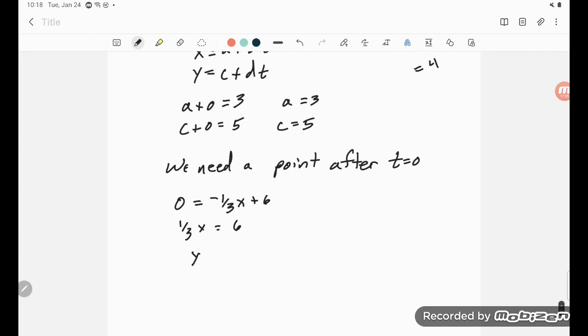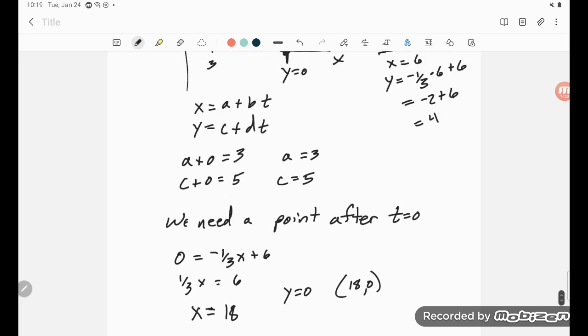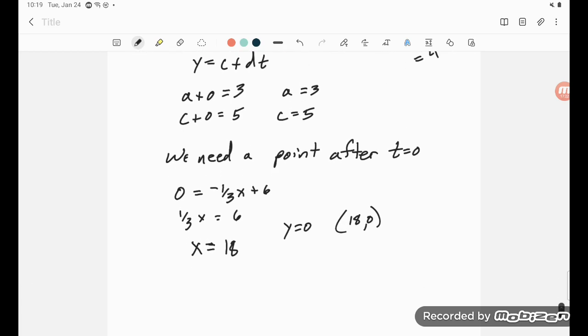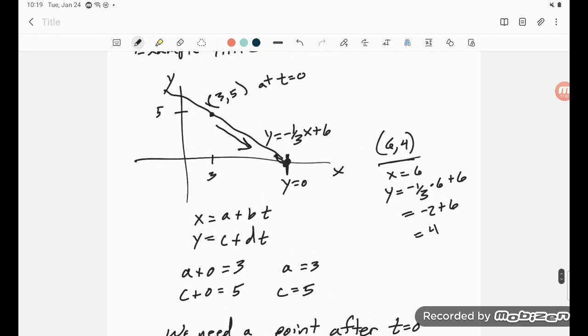Multiply both sides by 3, and x equals 18. But y equals 0. So this is the point 18 and 0. It doesn't really matter, so you can look at the text and their calculations for 6 and 4. I'll do the similar calculations for the point 18 and 0. Okay, so we have our point.